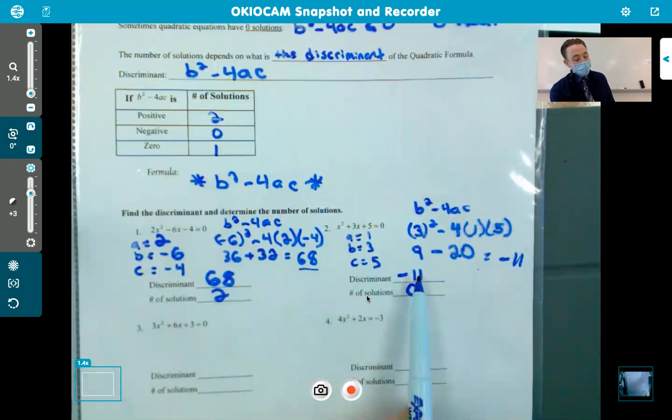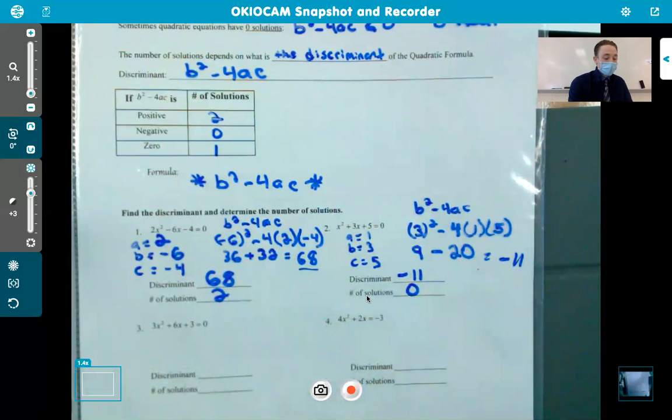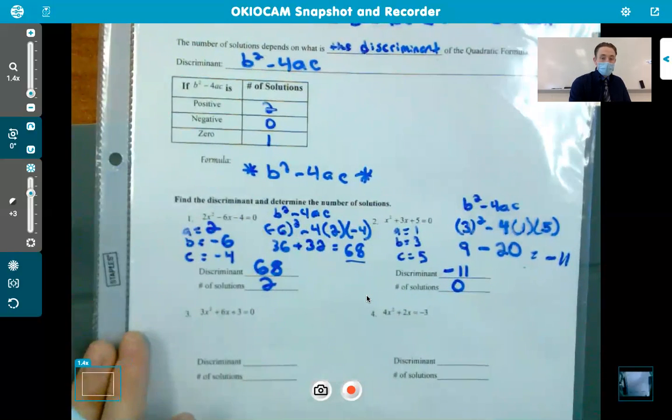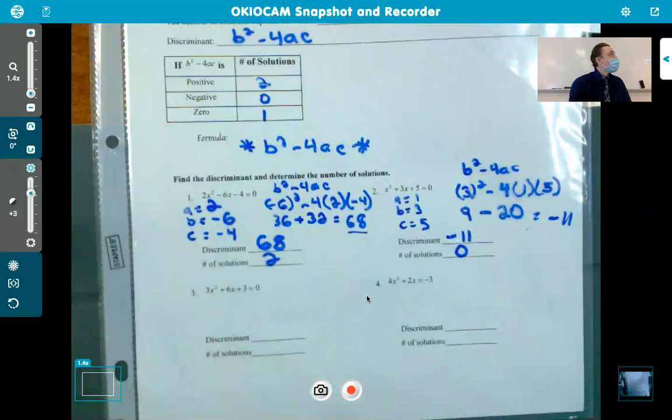So the value would be 0 for this one. I'm sorry, for number 2, it's a negative number. You'd have 0 real solutions. So the graph wouldn't even interact with the x-axis at all. My apologies. I'm getting myself all confused now. So this wouldn't touch or cross the x-axis at all. Okay. Any questions about number 2?